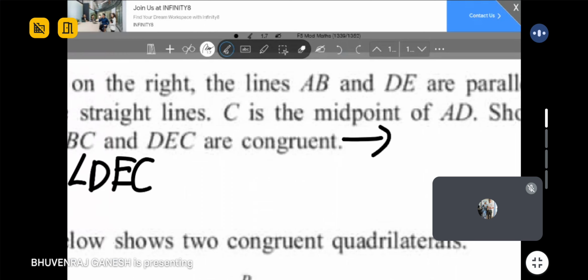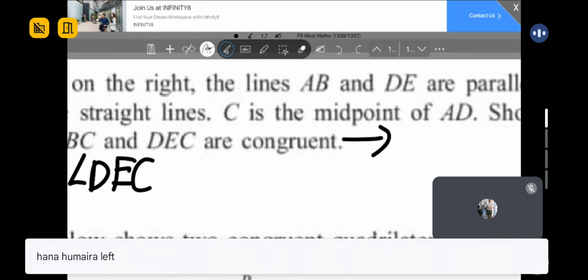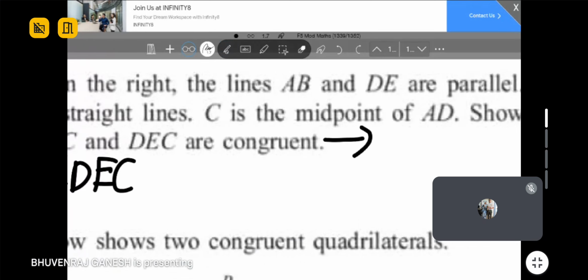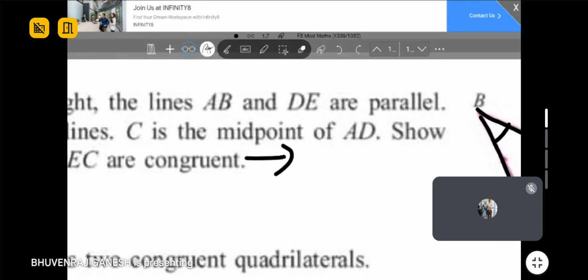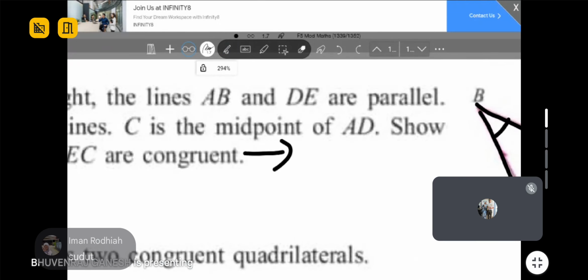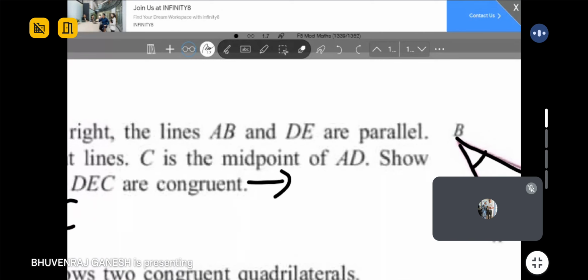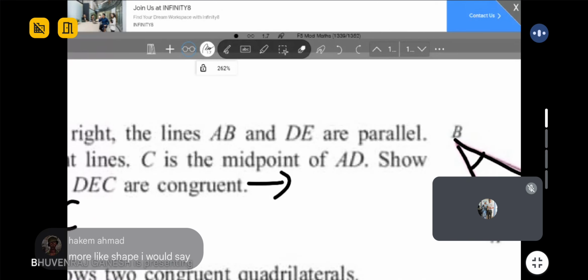Can anyone tell? Do we look at the length? Do we look at the angle? Which one? Okay, it is one of the characteristics, but in the bigger picture, what do we actually look at to know it is congruent?